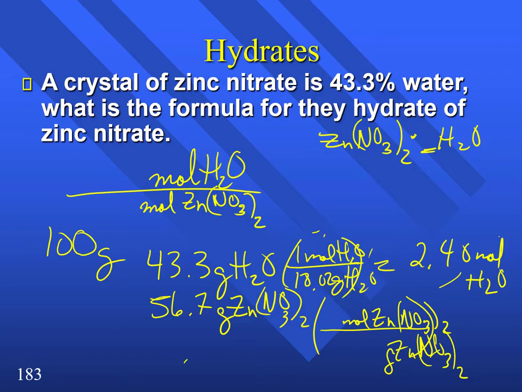Plus 6 O's, that's 96, equals 189.40 and 56.7 divided by that gets me 0.299 moles of zinc nitrate.